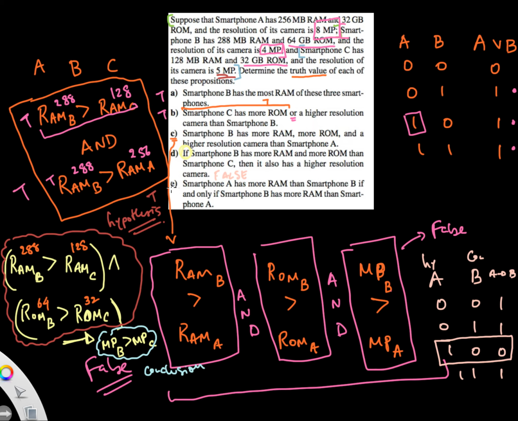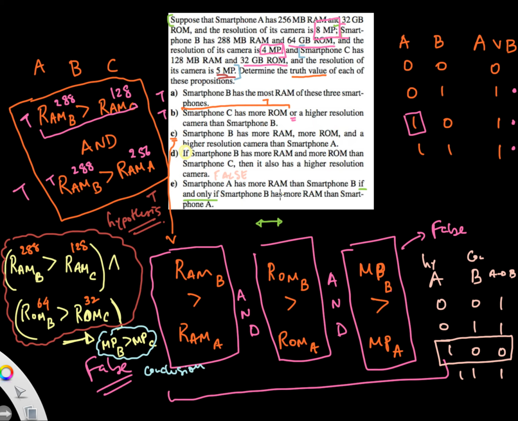And likewise, if I look at part E now, smartphone A has more RAM than smartphone B if and only if smartphone B has more RAM than smartphone A. Here I have the use of the words if and only if, which implies the bidirectional operator, which is the symbol over here.